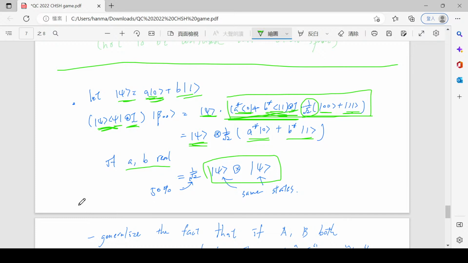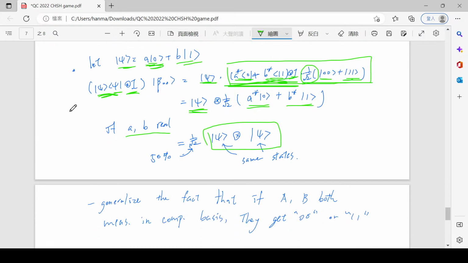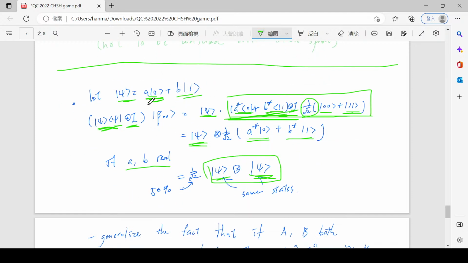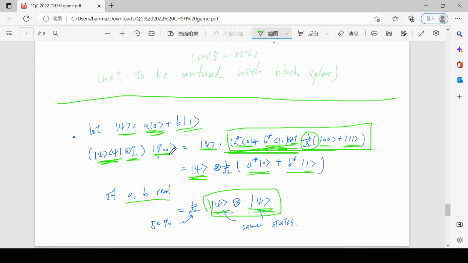Okay. But the thing we really want to see here is we get this psi tensor psi. So whenever Alice does some basis measurement on her part and the basis state is real, then that will project the other part of the entangled state to the same state.